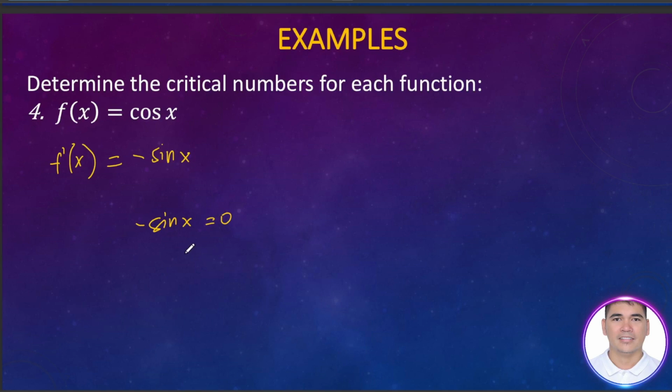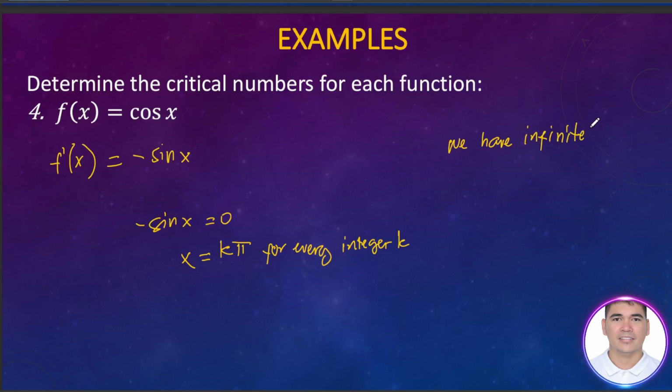Take note in this transcendental, x is equal to k times pi for every integer k. So, sir, ano yung critical numbers nito? So, we have what? We have infinitely many critical numbers.